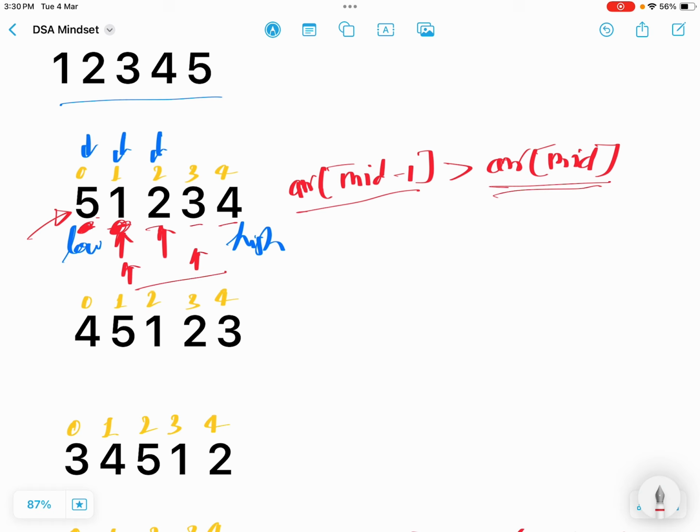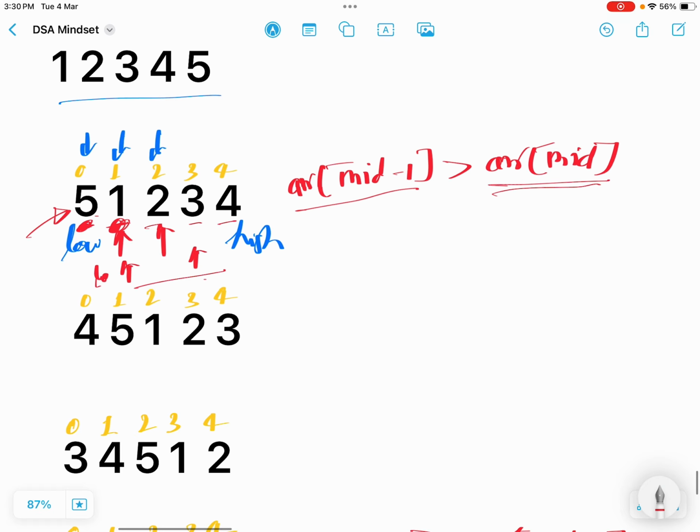So what can we do in that case? Mid is greater, obviously it should be. So where will we search? We'll search on the mid plus 1 side, because we have to move mid to the next one, since this is low and this is mid. We'll not be able to find it, so we'll search in a different direction. That is what we can do.